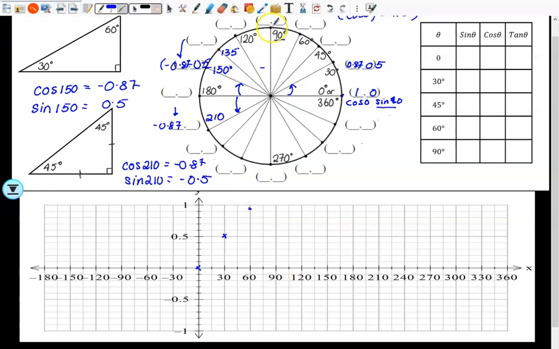What's sine of 90? What's that coordinate right there? 0, 1. So sine of 90 is 1. And then you'll plot the points, and with a smooth hand, you will connect the dots.